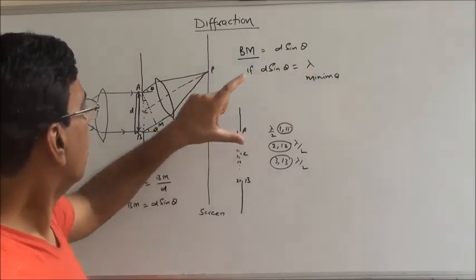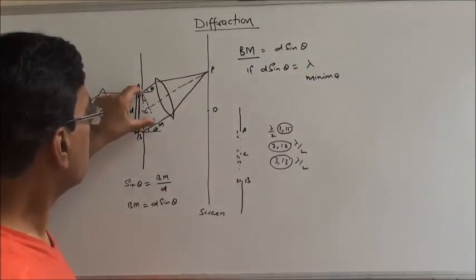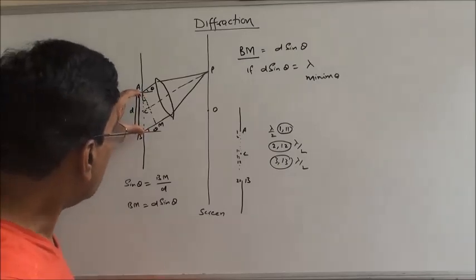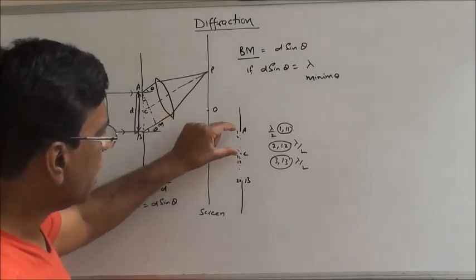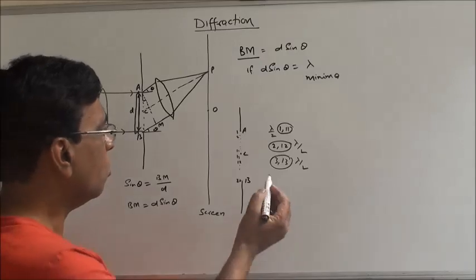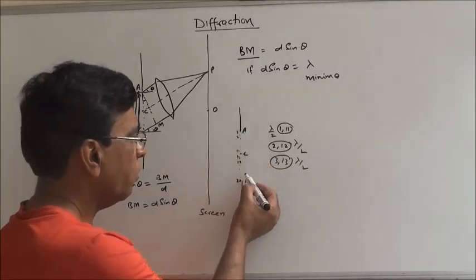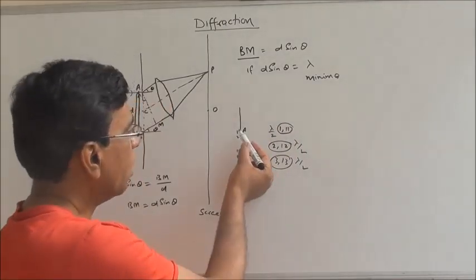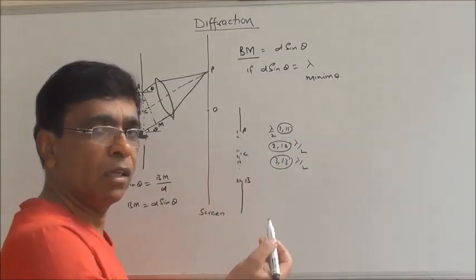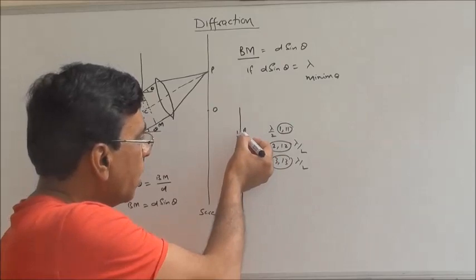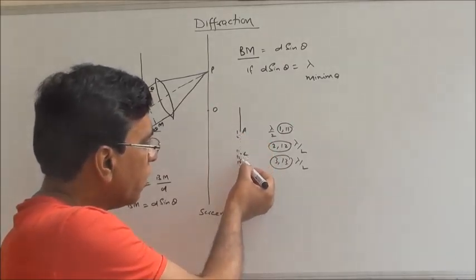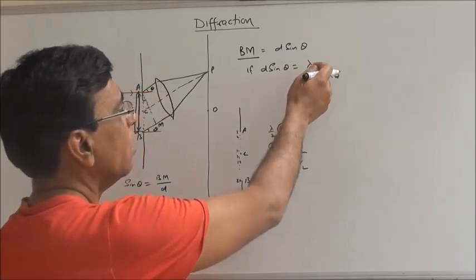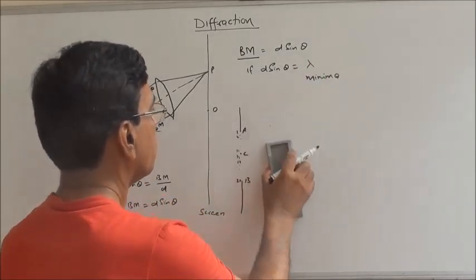Again, if this is lambda, I have divided this slit into two parts, AC and CB, and if the path difference between these two secondary wavelets in reaching P is lambda, then the path difference between this and this will be lambda by 2. Same way, I am coming down from here and the same distance from here, again they will have a path difference of lambda by 2. So thus there will be a minima.